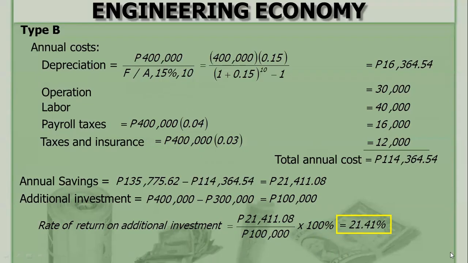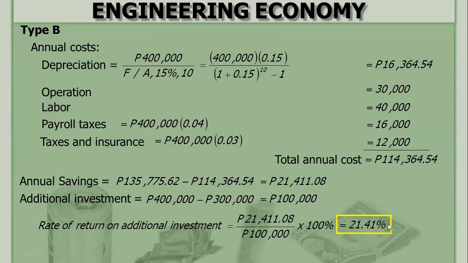Okay, the criteria is if the computed ROR is bigger than the required ROR, you will select the alternative with the bigger investment. But if the computed ROR is less than the required ROR, you will choose the alternative which requires a smaller investment.